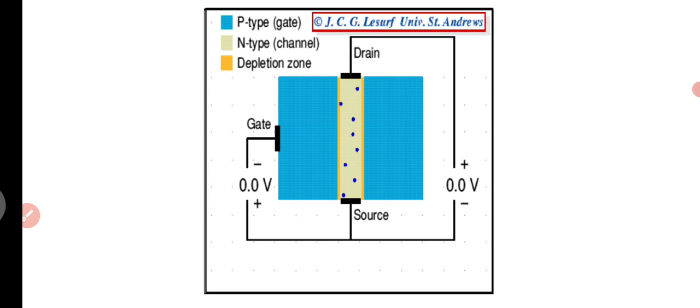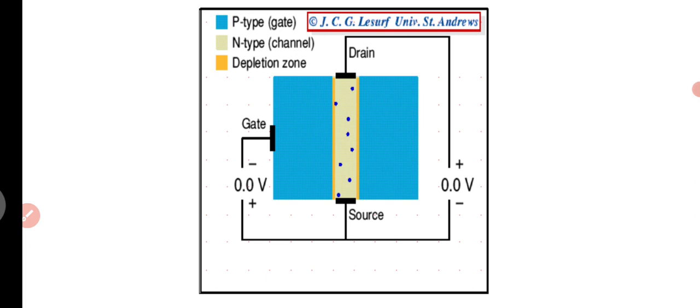The output characteristics of this N channel are as follows. When gate to source is short circuited, meaning VGS equal to 0, then VDS increases. There is a linear increase in ID up to some pinch off voltage.